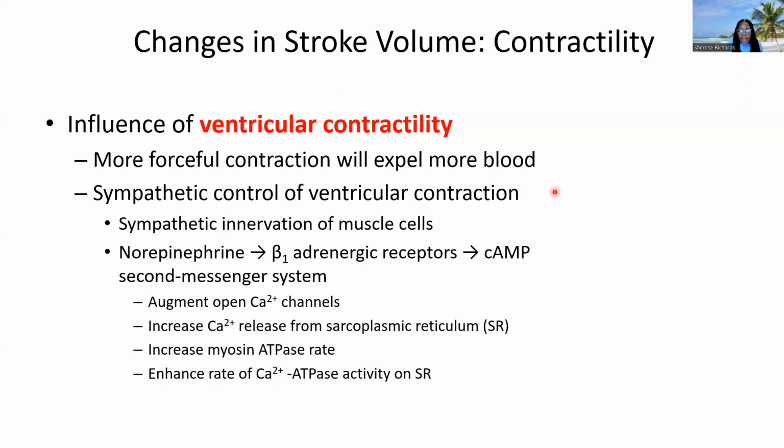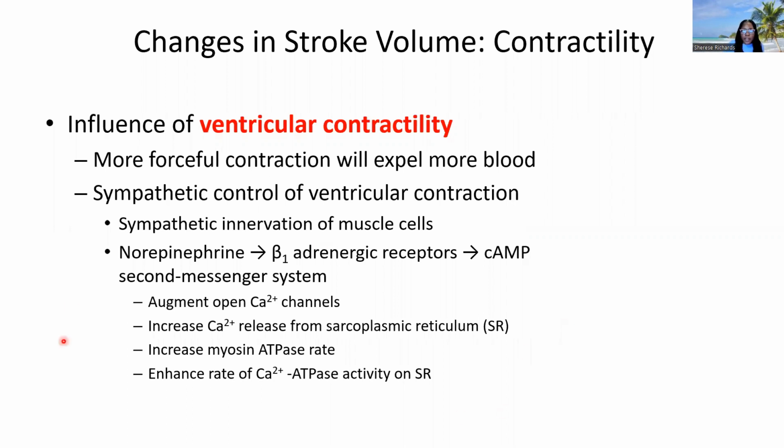That results in norepinephrine binding to beta-1 receptors, which are also found on these cells. The second messenger is cyclic AMP, and there are four results brought about on these cells that help to increase the contractility: the augmenting of the opening of calcium channels; the increase in calcium release from the SR; the increase in the myosin ATPase rate; and the enhancing of the calcium ATPase activity on the SR as well.